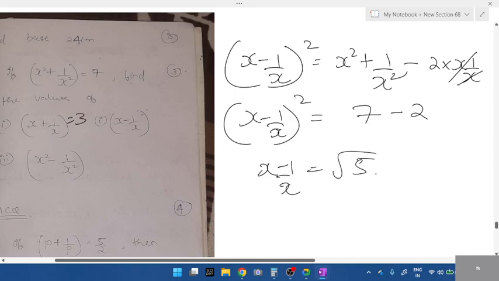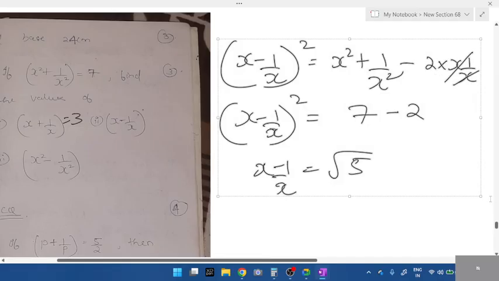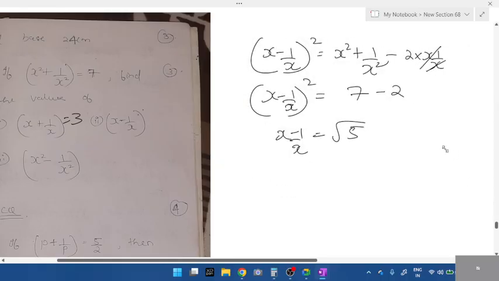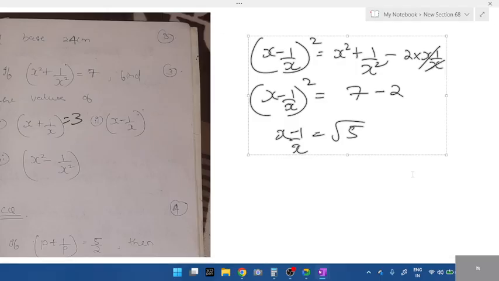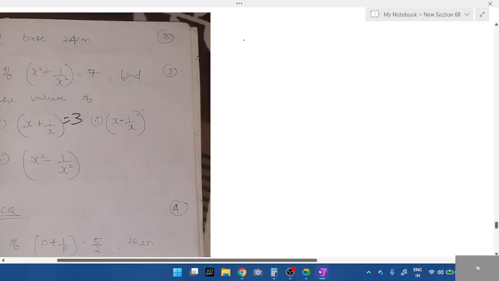The square goes to the other side as root. Is this understood? Okay.